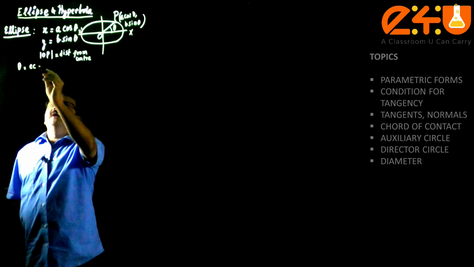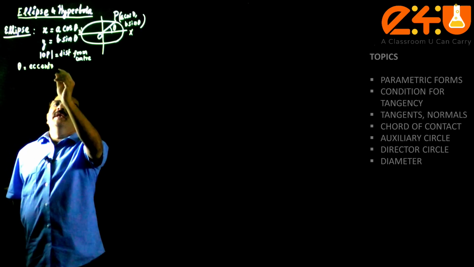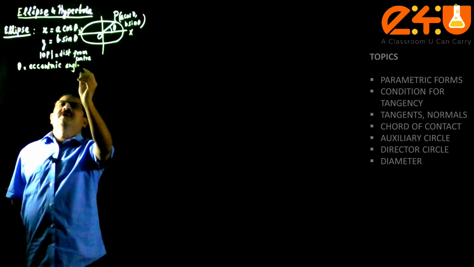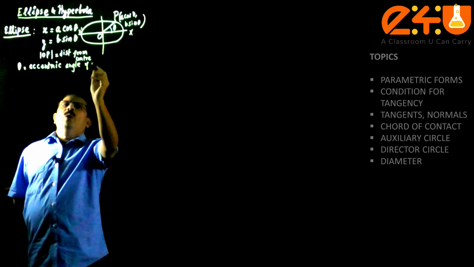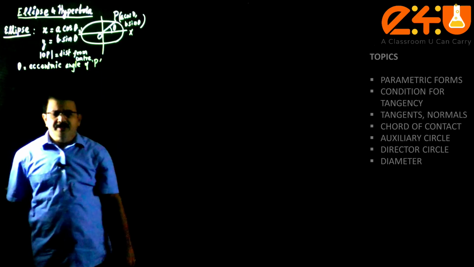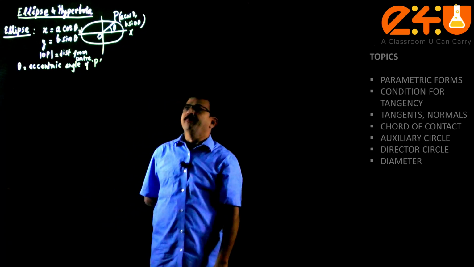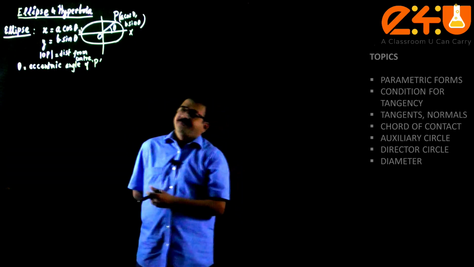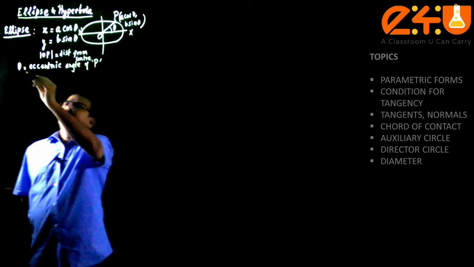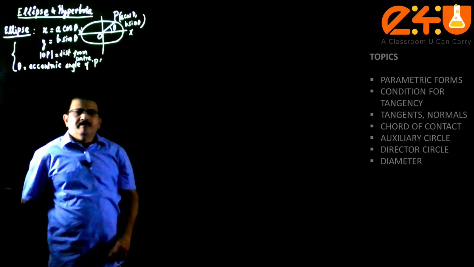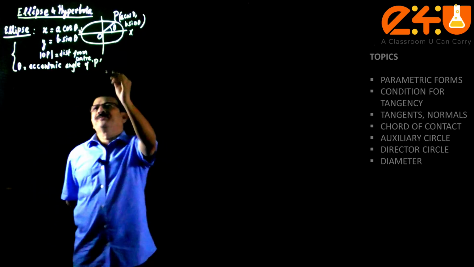The angle theta has its own name also. It is called the eccentric angle of the point P. Eccentric angle of point P, that is angle POX. Done. So this way you can represent the parametric format.